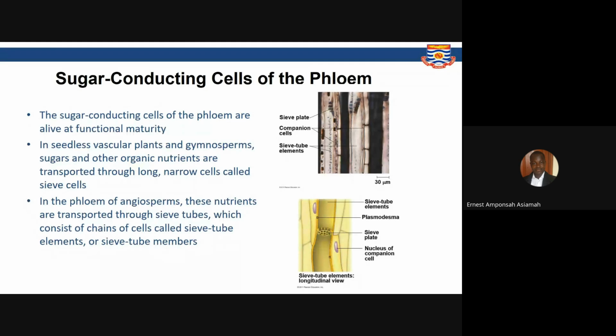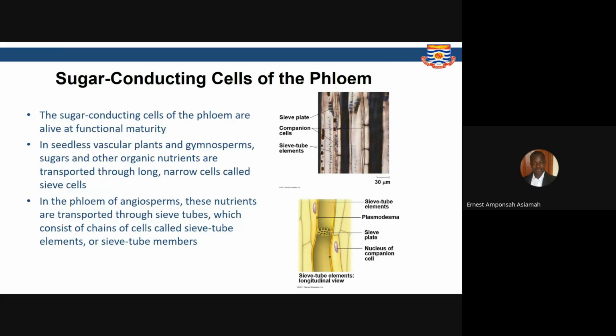So with the sugar conducting cells of the phloem, in many vascular plants we have long narrow cells which we call the sieve cells, and also in angiosperms, which are the flowering plants, the phloem is organized into tubes.